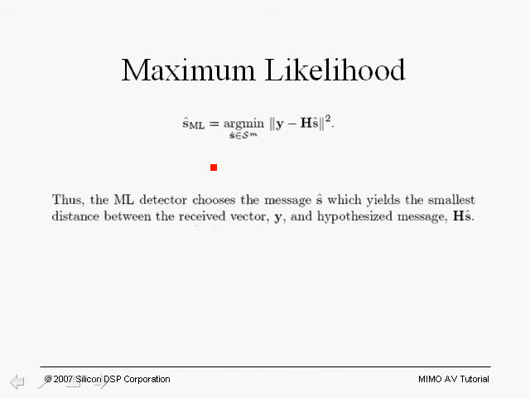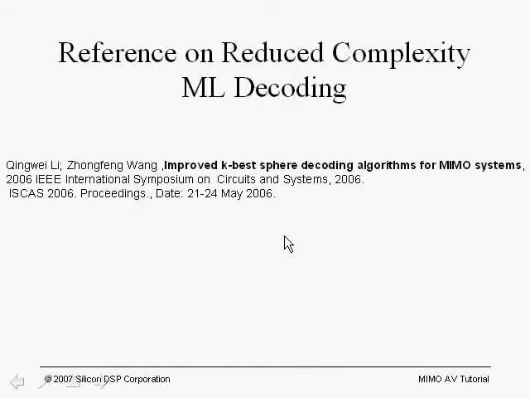Later on we're going to show performance curves which show the performance of a maximum likelihood equalizer compared to, for example, zero forcing, and also compared to closed loop SVD MIMO systems, and some interesting results will be highlighted in those comparisons. I refer you to this reference by Qingwei Li and Wang on the improved K-best sphere decoding algorithm for MIMO systems that reviews the sphere decoding techniques and the other techniques that are available up to 2006, and proposes an improved technique.